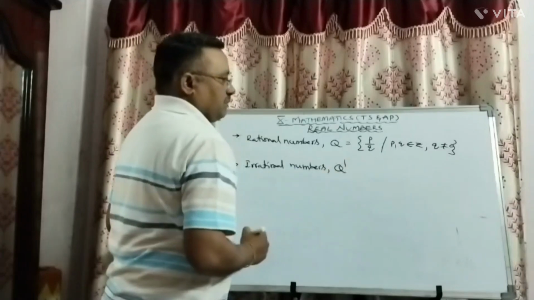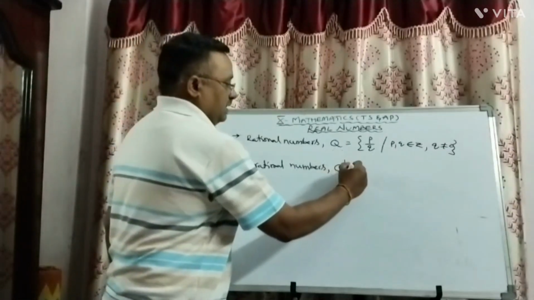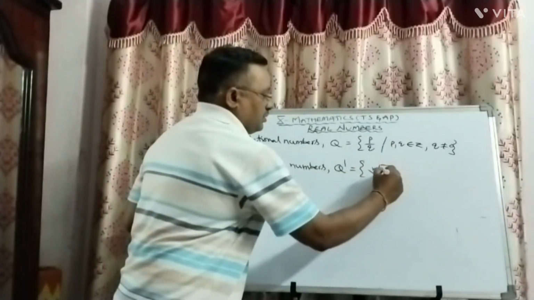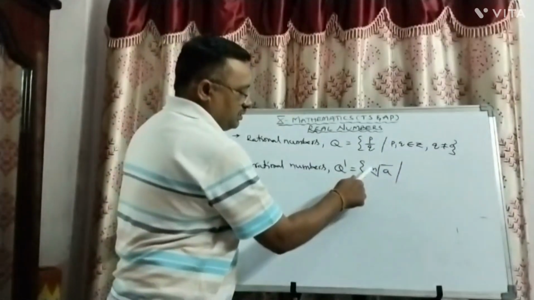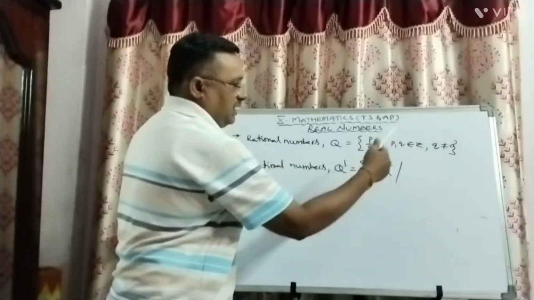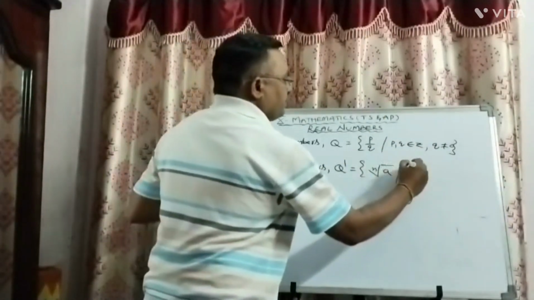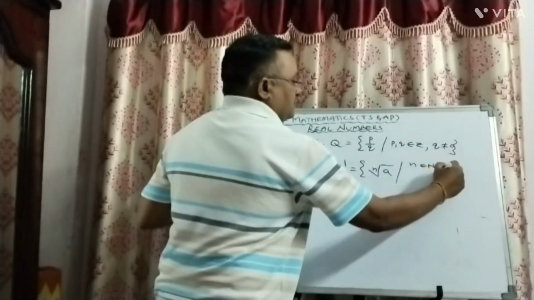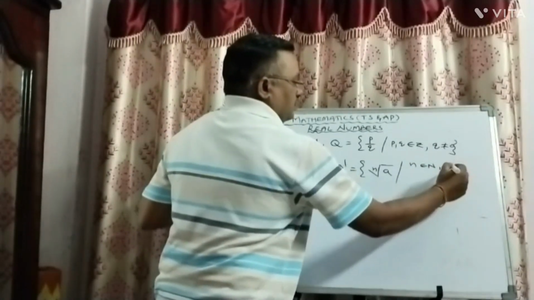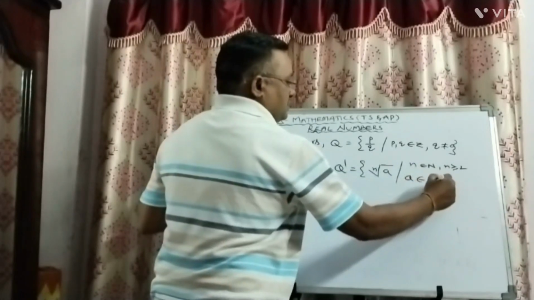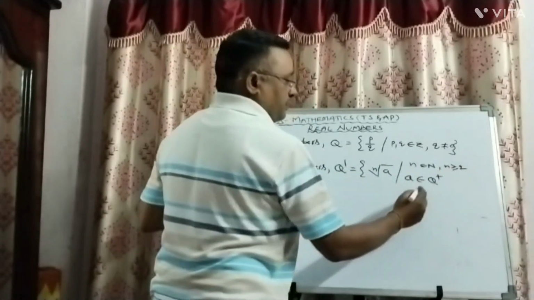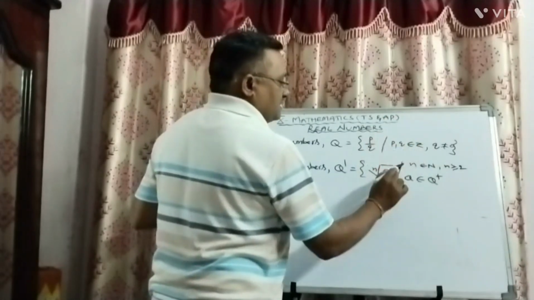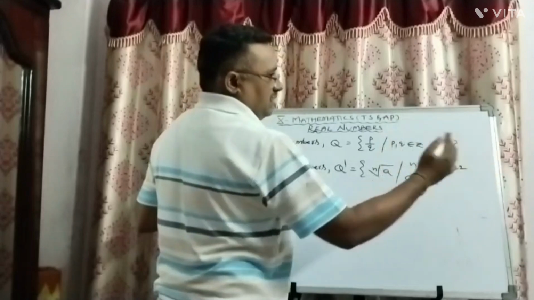So that's why its complement will be represented with Q dash, but it can be represented with the nth root of A, such that n is a natural number which is greater than or equal to 2, and A is a positive rational which cannot be written as the nth power of any other rational number.